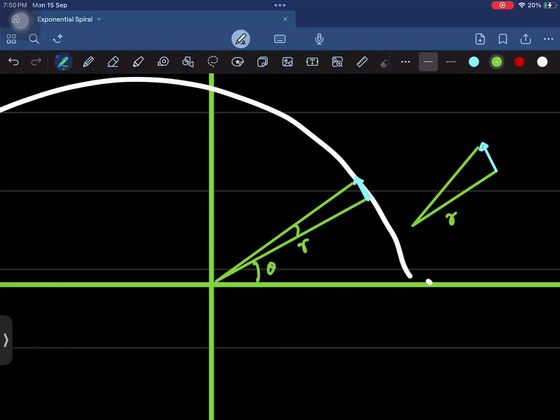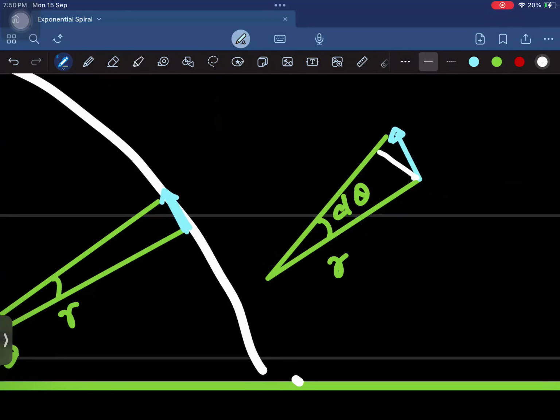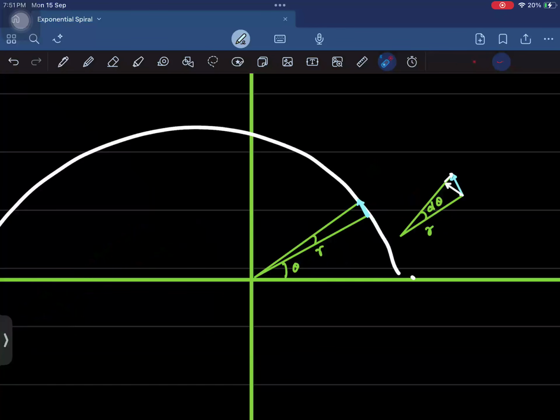If this is r and this is d theta, then this blue vector can actually be divided into two parts. One is perpendicular to this green radius vector and one is along this radius vector. And these two white vectors will actually produce this blue wala vector. Blue wala vector is actually the element on this exponential spiral.